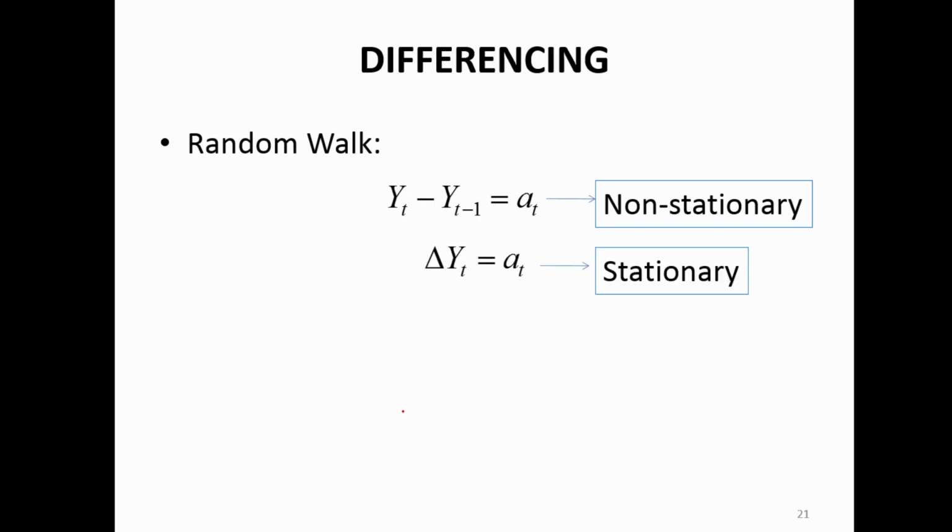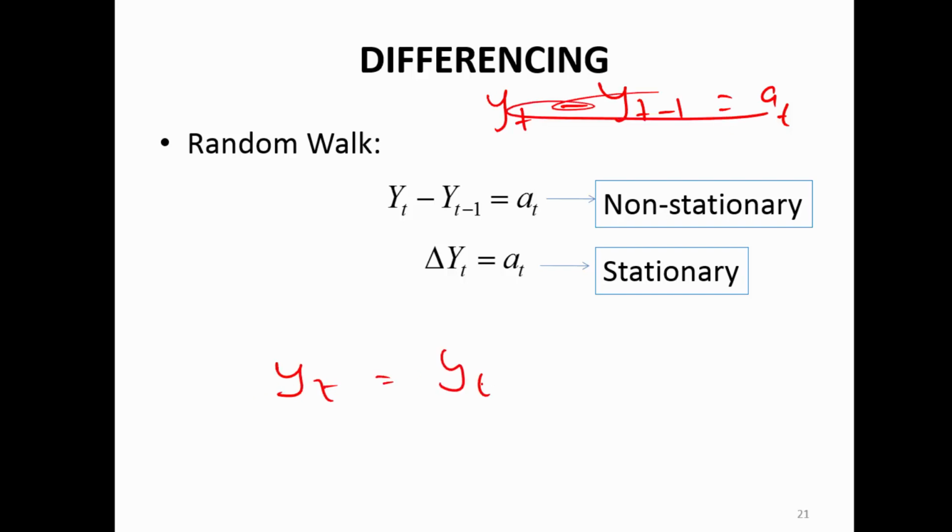So here is the case of differencing and how you make something stationary. So a random walk is yt equal to y(t-1) plus your error term, right?